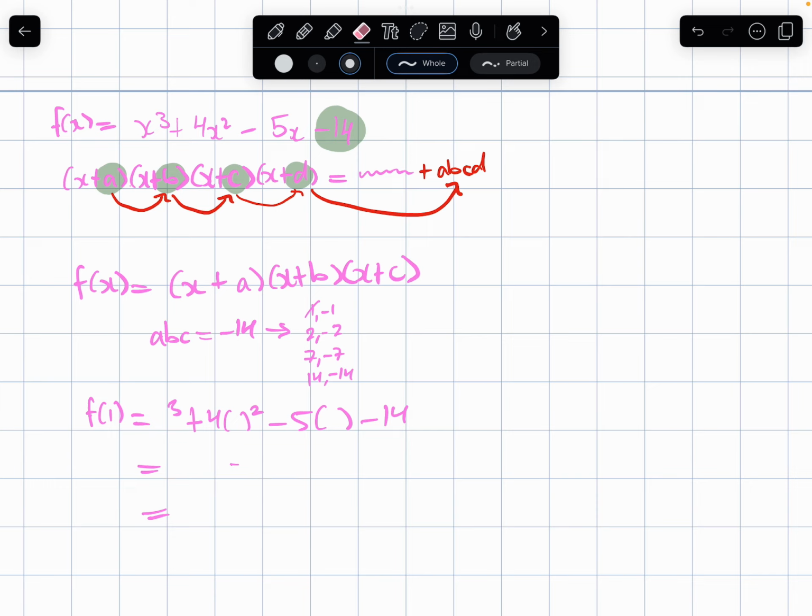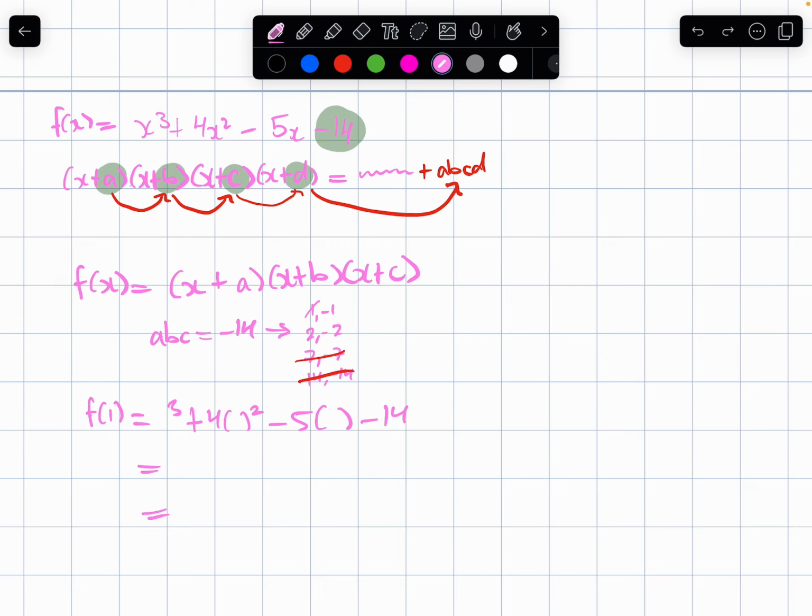If you put in 14, 14 cubed plus 4 times 14 squared is going to be a really big number, and minus 5 times 14 minus 14 isn't going to account for that. So you can cross out the really high numbers. The 7s are probably a bit too high too: 7 cubed plus 4 times 7 squared is a really big number. So you bring yourself down to these last 3 numbers really quickly, and then you can test them out.